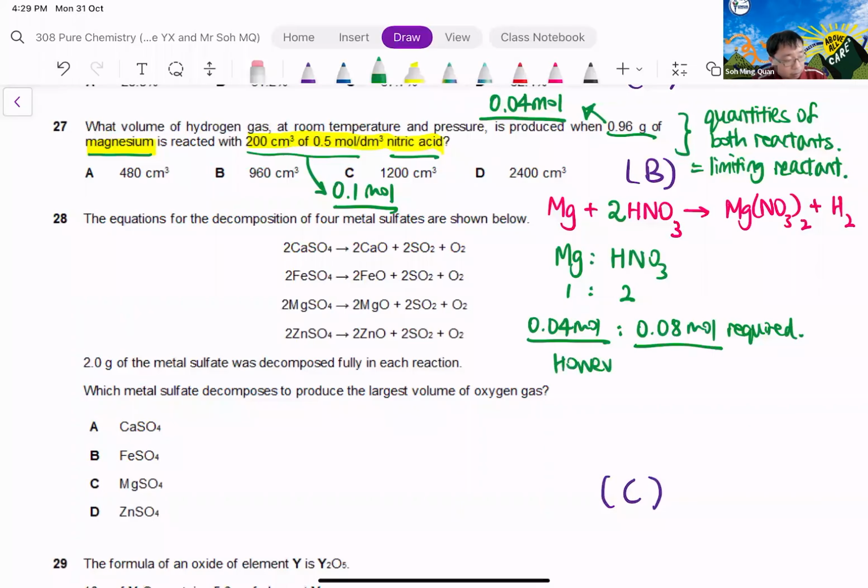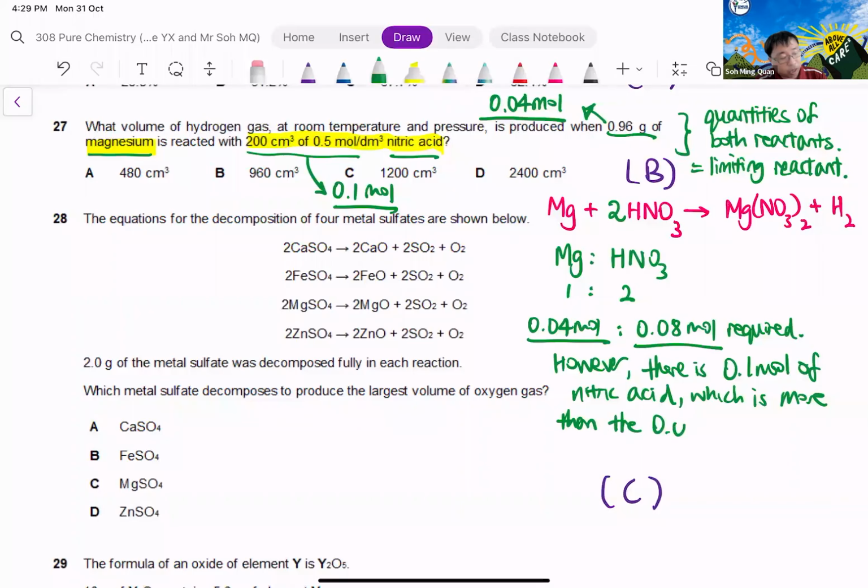However, there is 0.1 mole of nitric acid, which is more than the 0.08 moles required. If it's more than what is required, that means nitric acid is in excess.